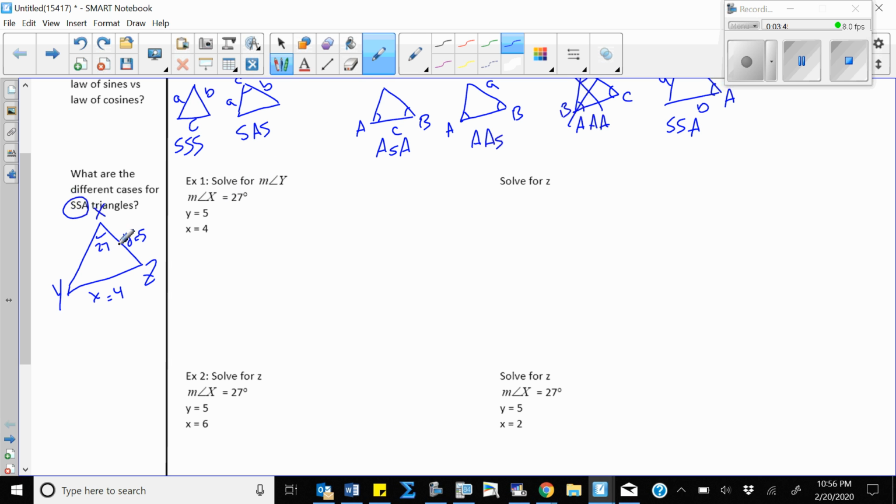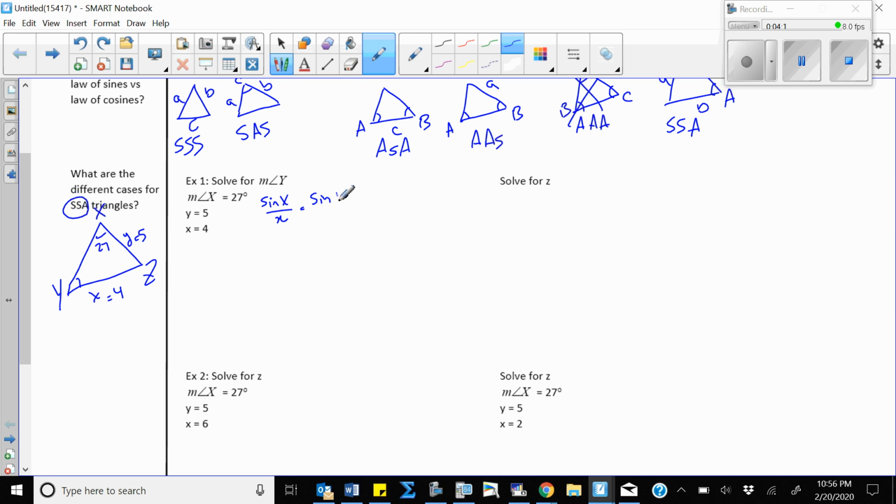To solve this for angle Y, I'm going to use law of sine. The first part of law of sine that I'm going to use is the X part, because I have both angle X and the side X. So I'm going to write sine of X over X equal to, the second part is the Y part, because I know I'm solving for angle Y, so I have to use this part.